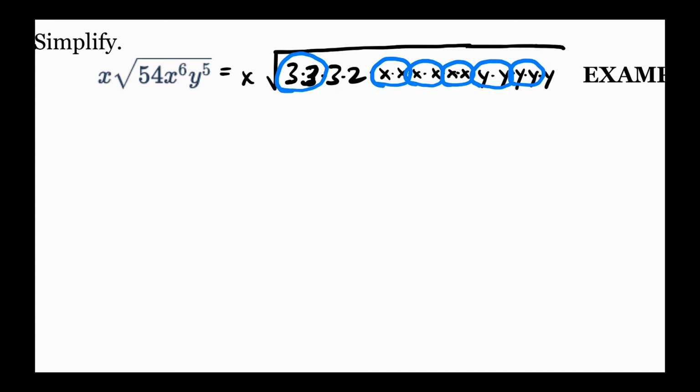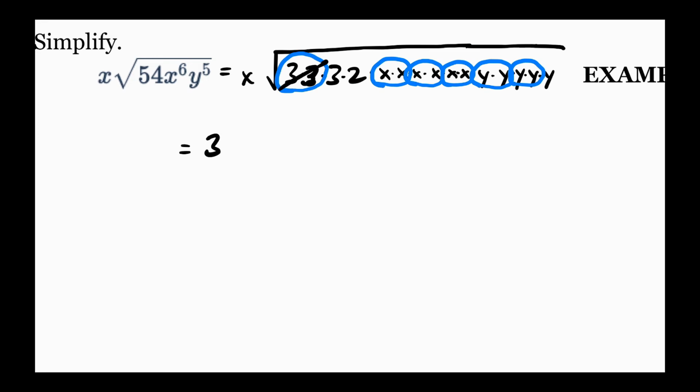The problem started out that way. So now, what else can move out to the front? Well, the first one is 3 times 3. What is 3 times 3? That number is on my list, right? So the square root of that is 3. So I can have a 3 here. So I cross that out.